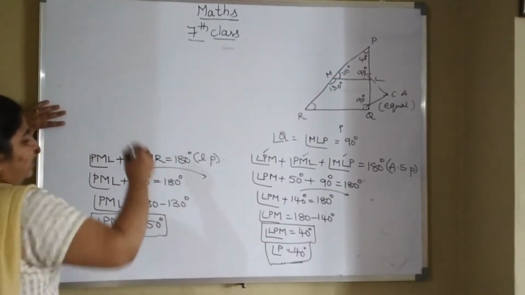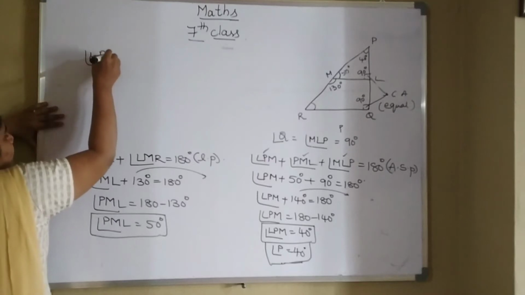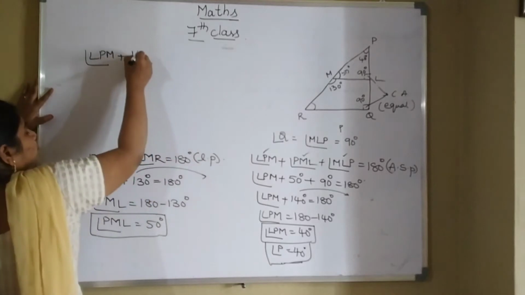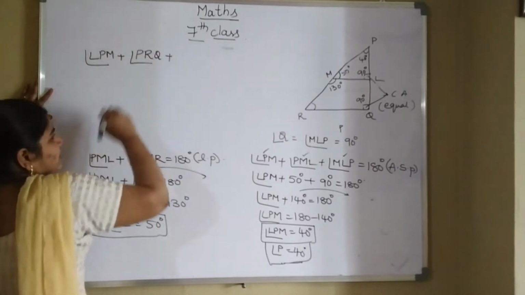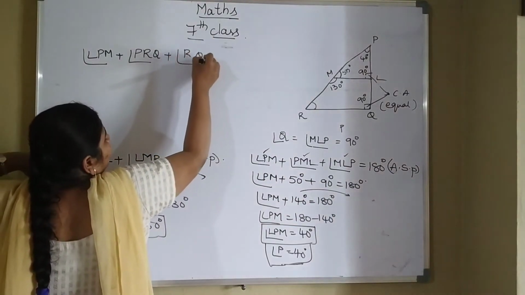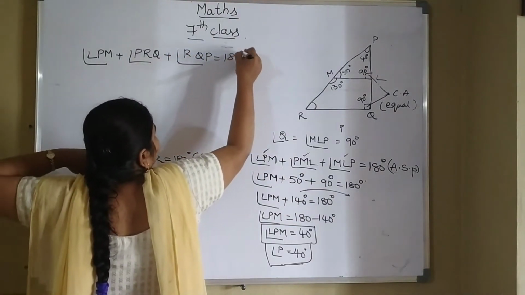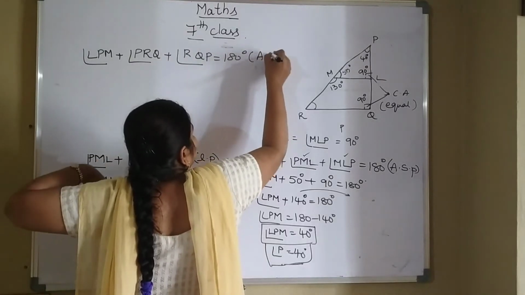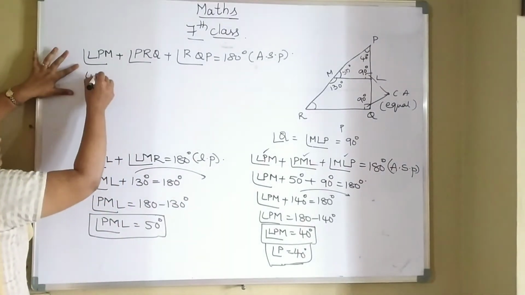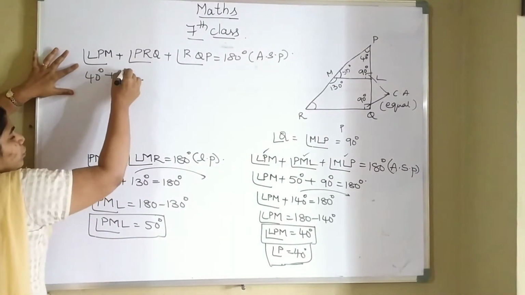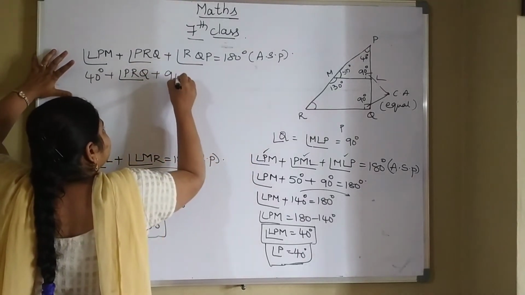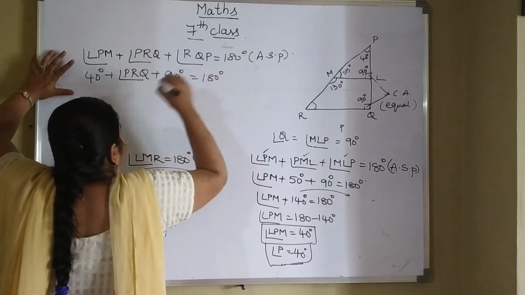So angle P I can write as angle LPM plus angle R you can write in the form of PRQ plus angle Q you can write in the form of RQP is equal to 180 degrees, by using angle sum property. So LPM is how much? 40 degrees plus R value we don't know, we are finding now, plus Q value we got as 90 is equal to 180 degrees.